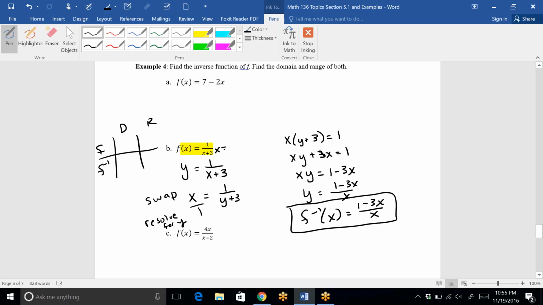In the original, x could not be negative 3. In the inverse, x could not be 0. So x cannot be negative 3. x cannot be 0. When you do the inverse and the original, remember their domain and ranges flip. So this is y can't be 0 and y can't be negative 3.